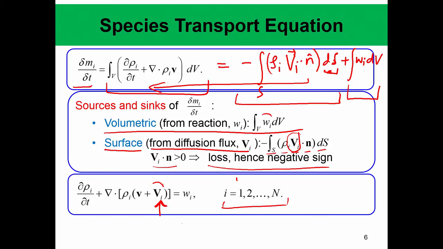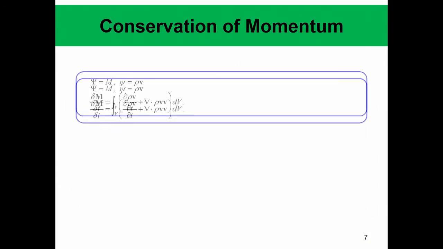And of course we will use our knowledge of chemical kinetics that we have studied in sufficient detail to describe the term which is the rate at which the species i changes because of the chemical reactions. So this is the source term in the species equation.